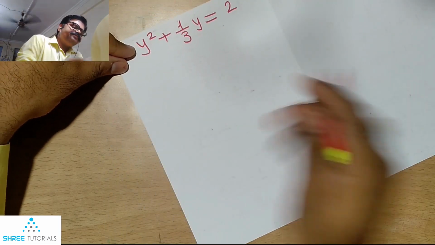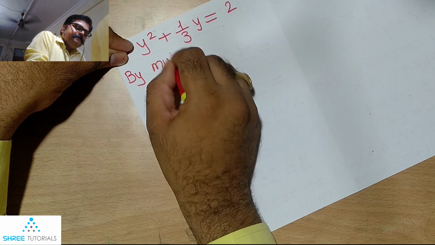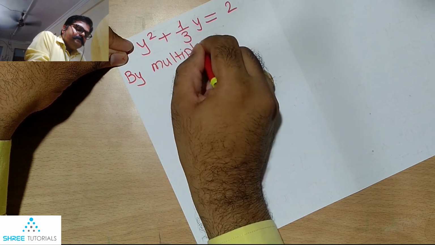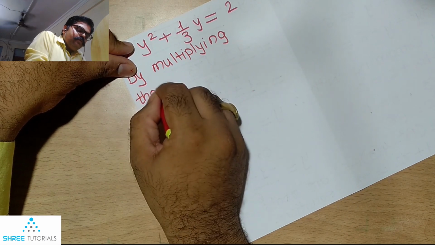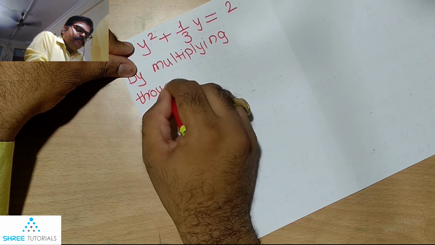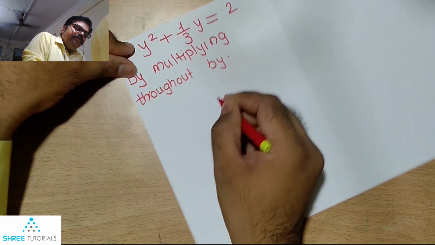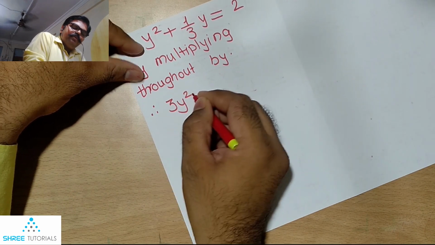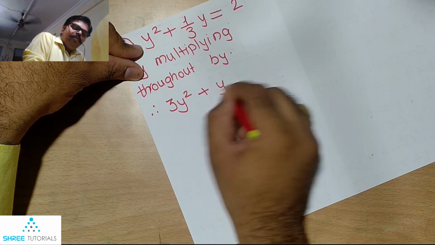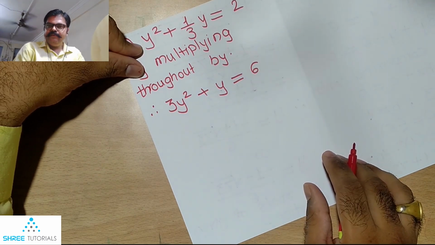Therefore, by multiplying throughout by 3, we can have 3y square plus y is equal to 3 multiplied by 2, that means equal to 6.